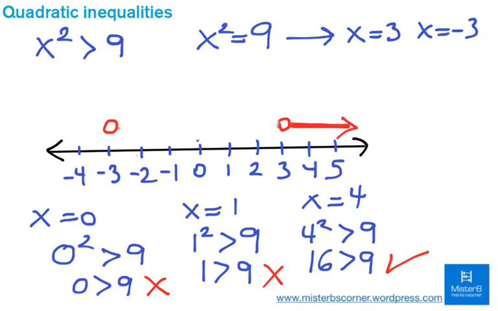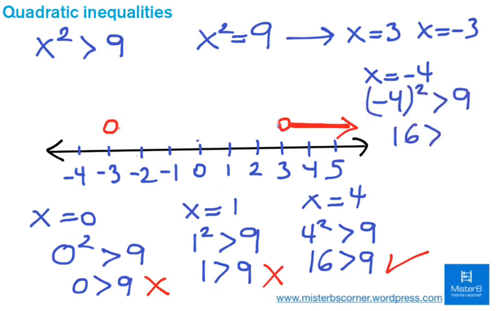Whereas, if I try, let's say, minus 4, minus 4 squared will be 16 again. Minus 4 times minus 4 is 16. So this also satisfies the inequality. So I have to consider this region.